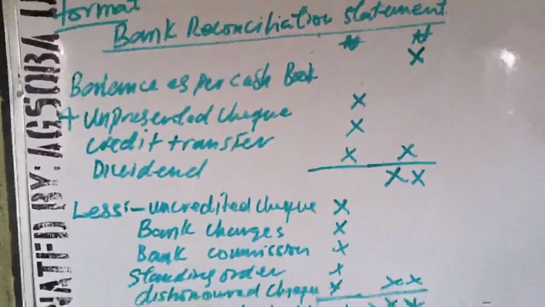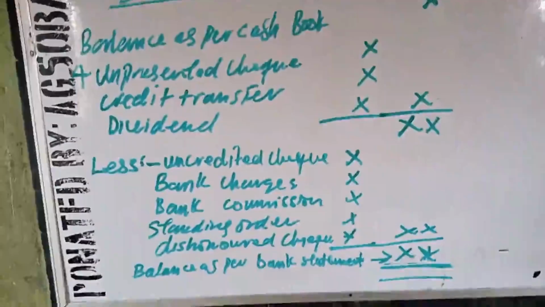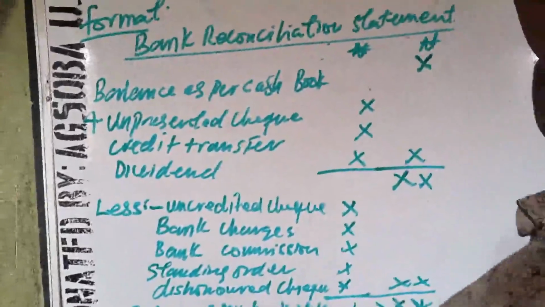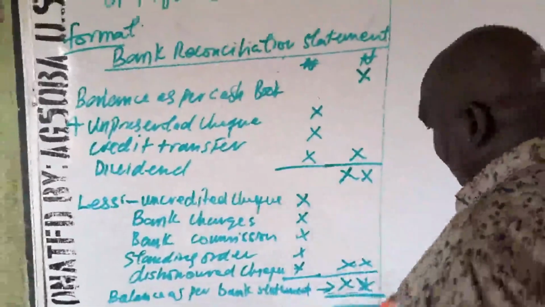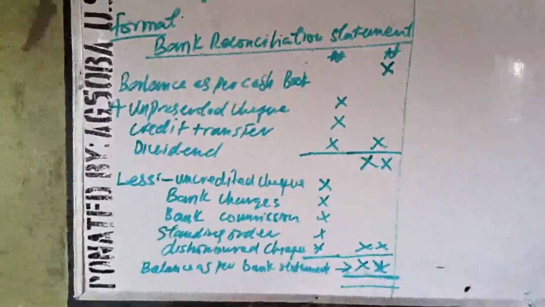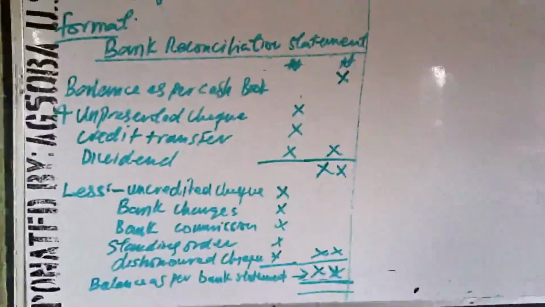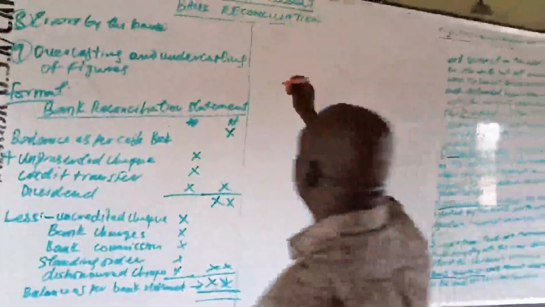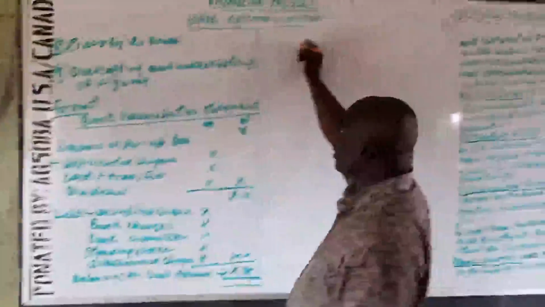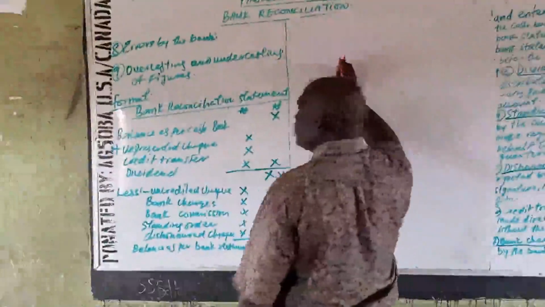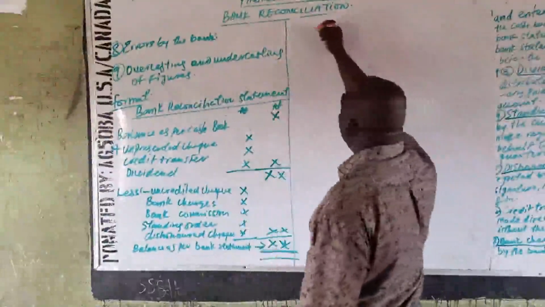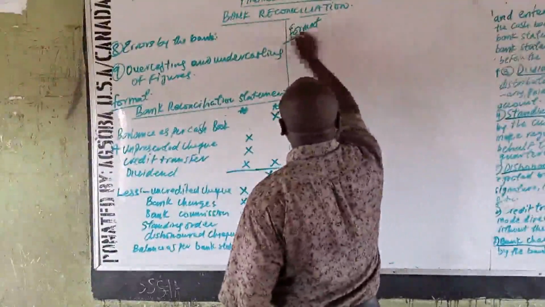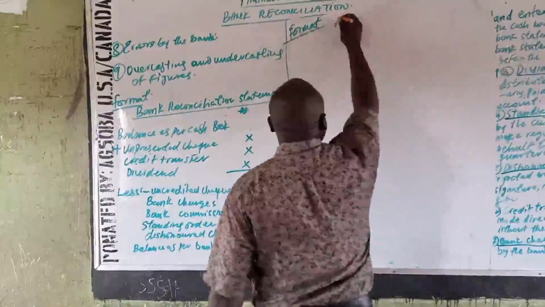Now, looking at the format of the adjusted cash book, you see, this is the second perspective.